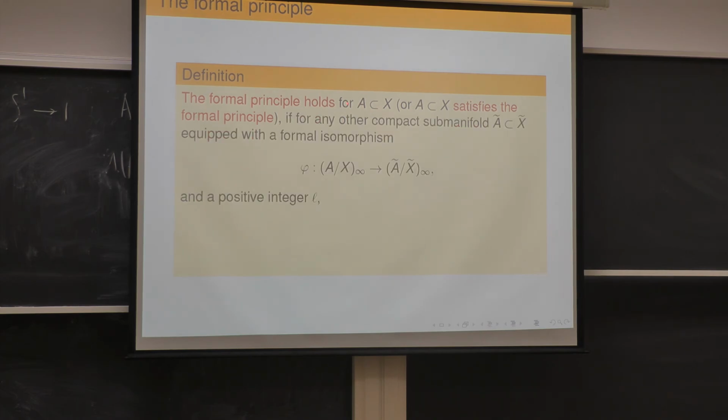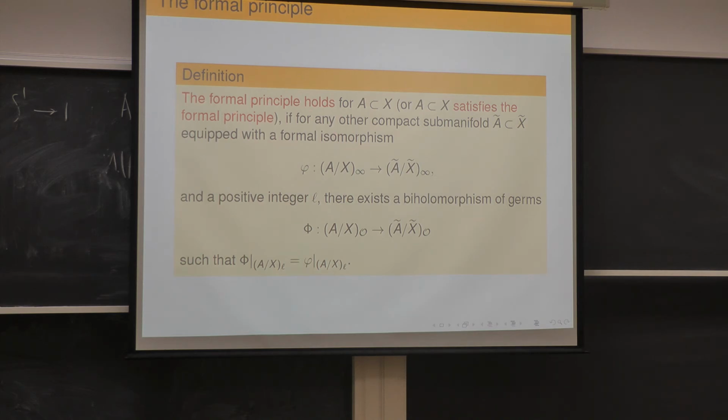For any other compact submanifold A tilde in some complex manifold X tilde equipped with a formal isomorphism, and any given positive integer L, there exists a biholomorphism of germs which agrees with the given formal isomorphism up to Lth order. If this can be done for any positive integer L, then we say that the formal principle holds.